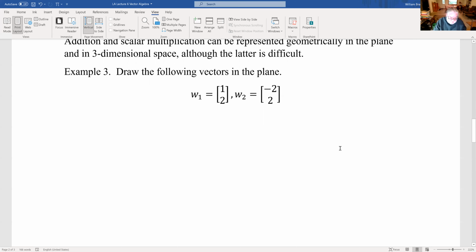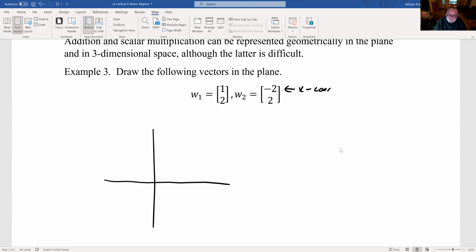So in 2 dimensions, there's W1 and W2. How do we think of this? I'm going to think of the first number as being my x coordinate, the second number as being my y coordinate. If I draw these vectors, 1, 2, there's the vector W1, and the vector W2, minus 2, 2.